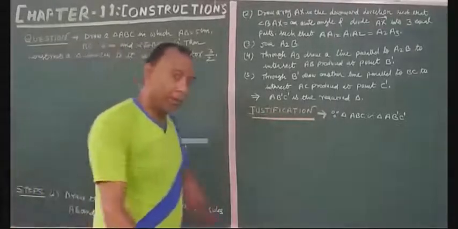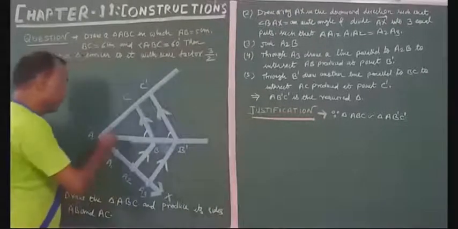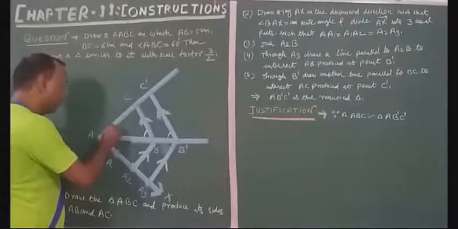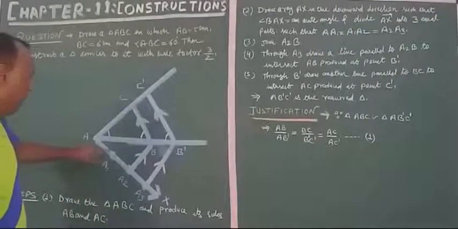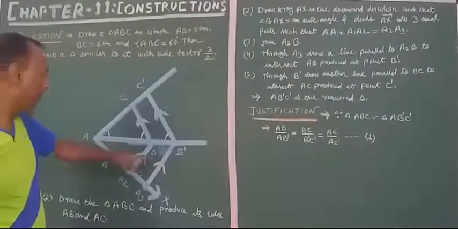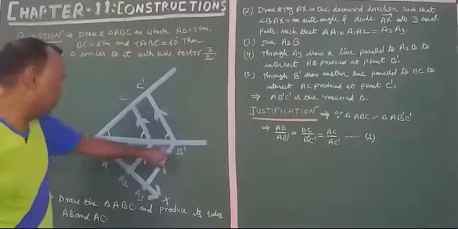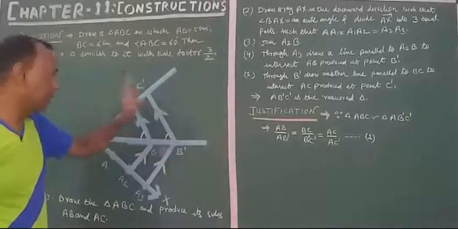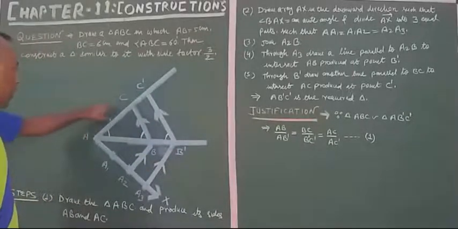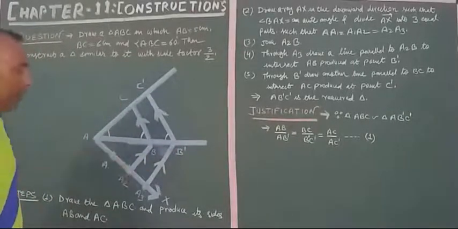They are the corresponding angles, and this angle A is common for both the triangles. Therefore, they are similar. AB upon AB dash is equal to BC upon B dash C dash is equal to AC upon AC dash.